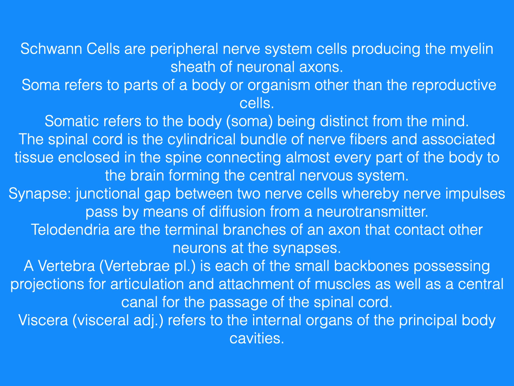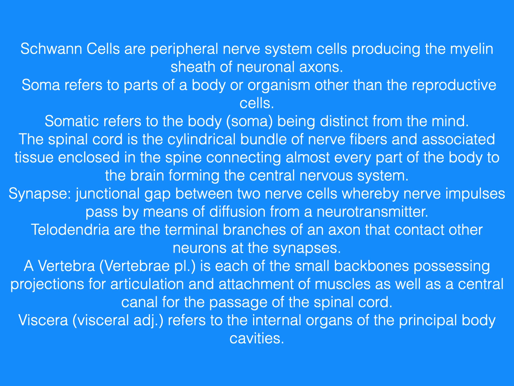Soma refers to parts of a body or organism other than the reproductive cells. Somatic refers to the body being distinct from the mind. The spinal cord is the cylindrical bundle of nerve fibers and associated tissue enclosed in the spine, connecting almost every part of the body to the brain, forming the central nervous system.